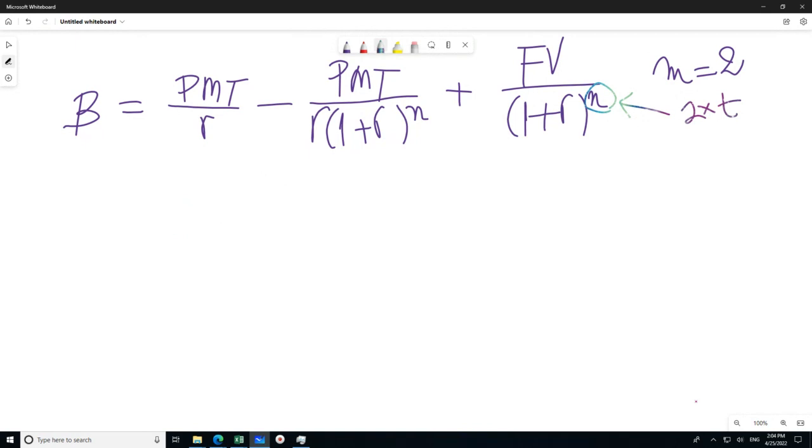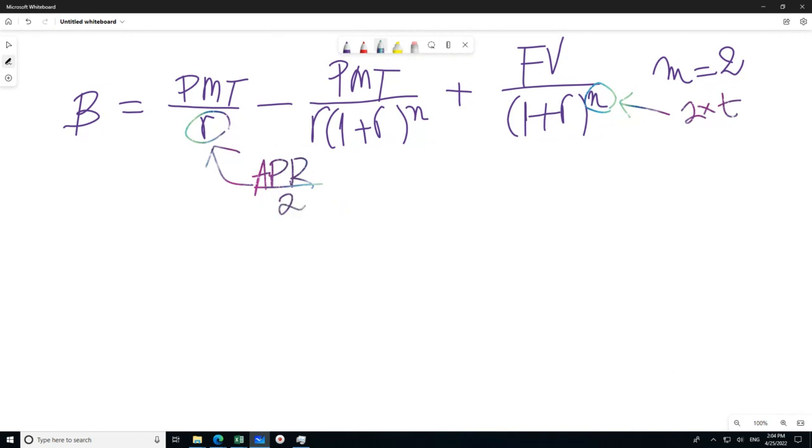And also R is APR divided by 2, because it's on a half-year cycle. So keep that in mind.